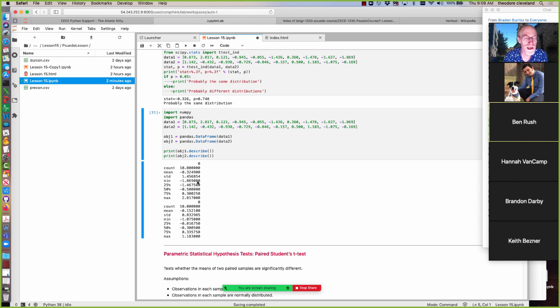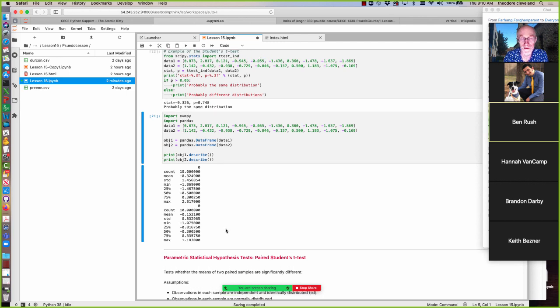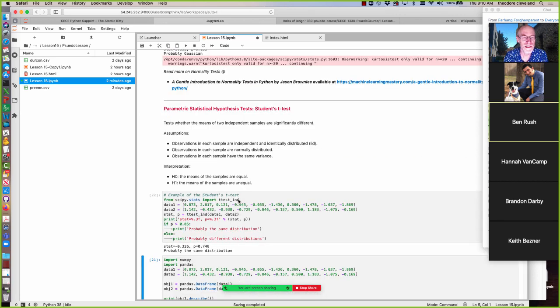So what we human beings see as difference, there's still sufficient randomness to explain these two data streams as being from the same underlying distribution. What we've actually just tested is that the means of the samples are equal to one another.